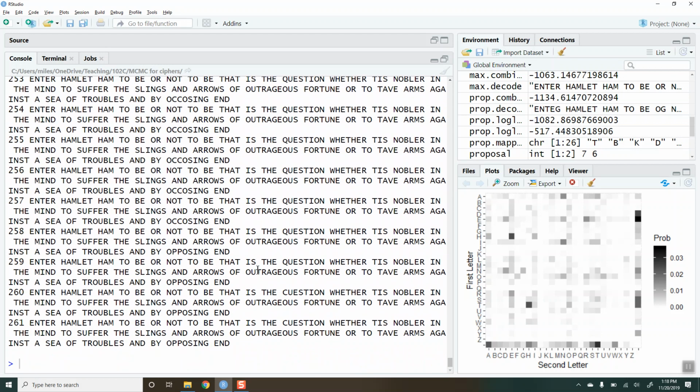And I think this is a neat case of the Metropolis algorithm, because if we think about the target probability distribution, it's a little bit strange to think of the mapping as coming from some target probability distribution.